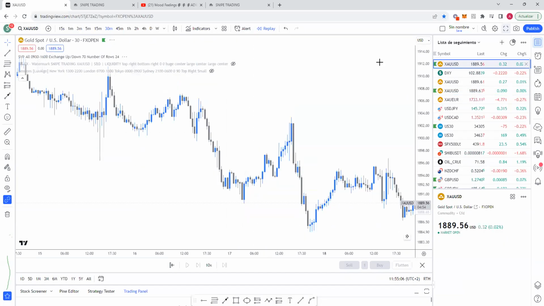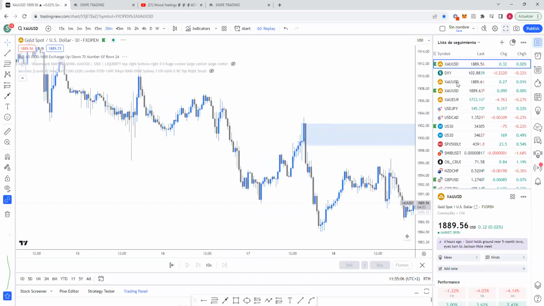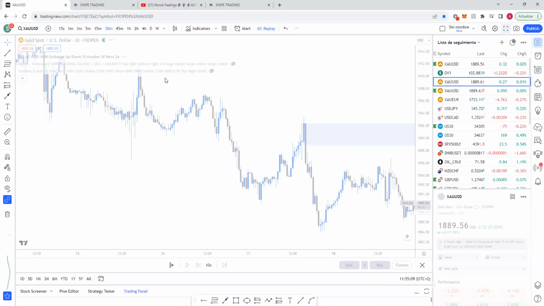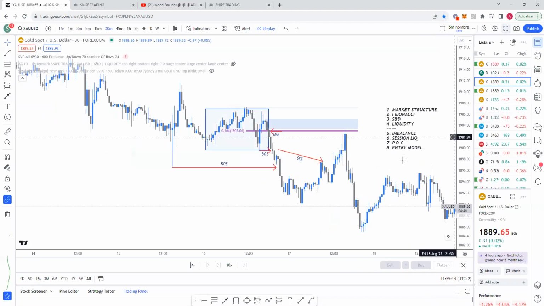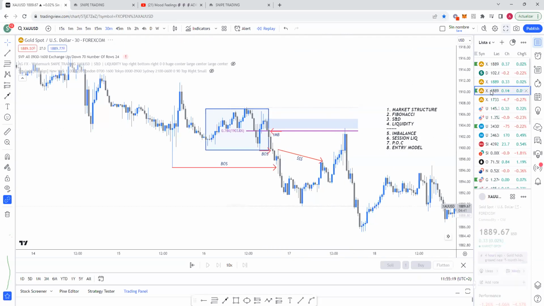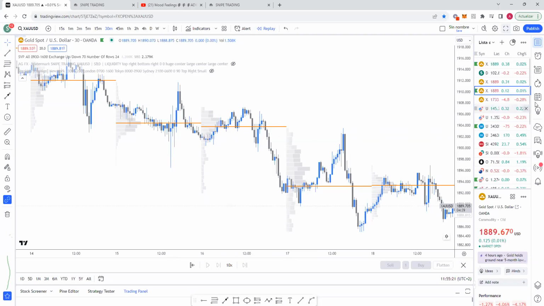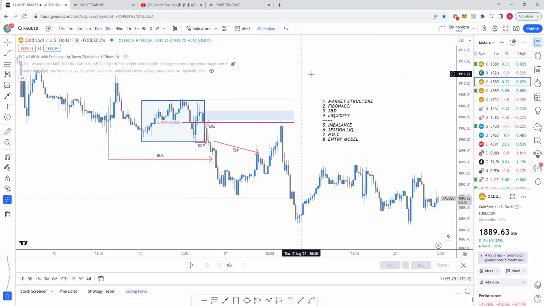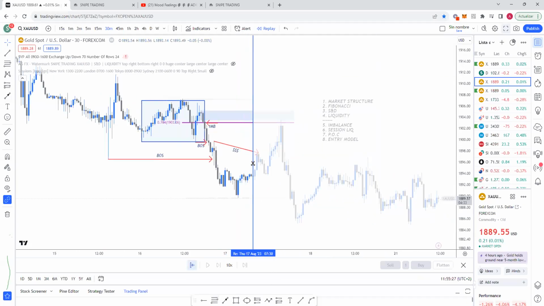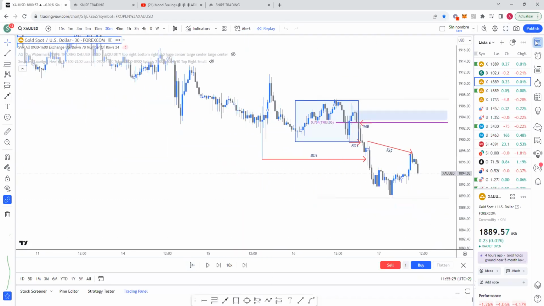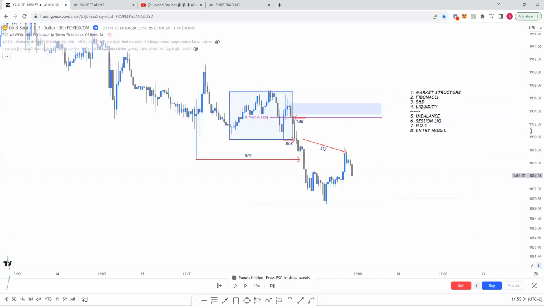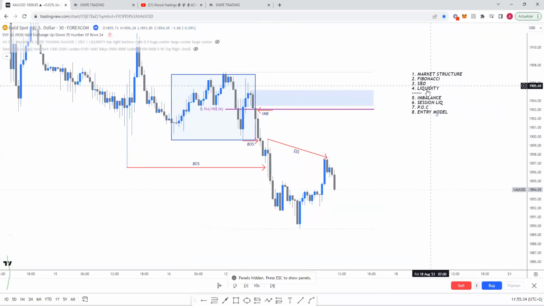If we drew these confluences on this chart, on that chart the point of control is not available, but we did have it. Let me cut this back again. So up to now we have 1, 2, 3, 4, 5, 6, 7.